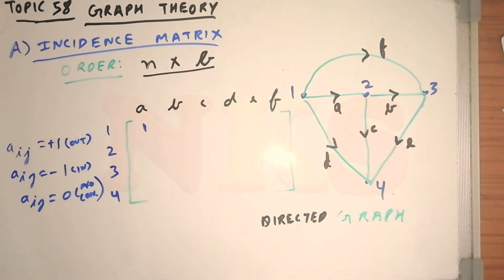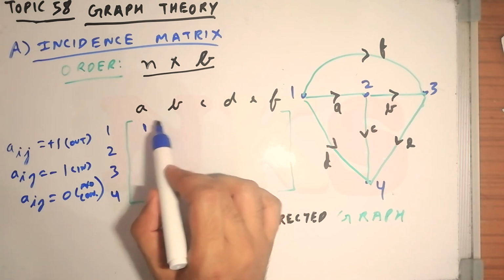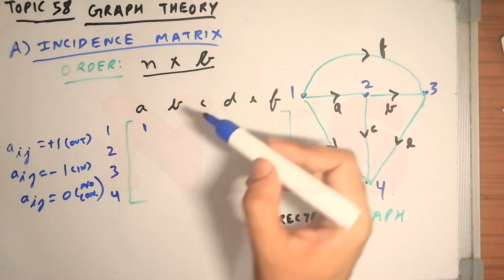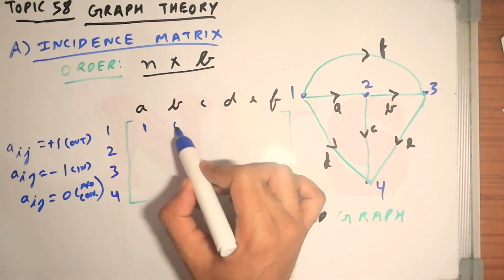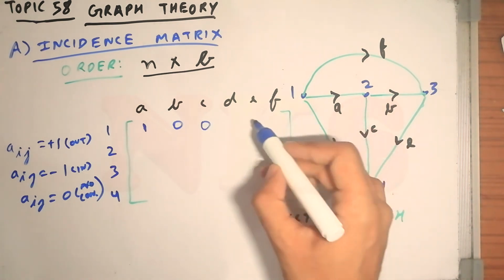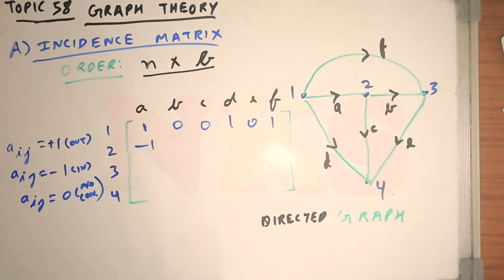So for branch b and the first node, it is not even connected, so that entry will be 0. In similar fashion you can do it yourself. It will necessarily consume time, so I am just writing it down. So this will be the incidence matrix for this directed graph.